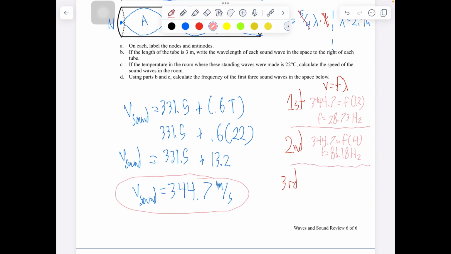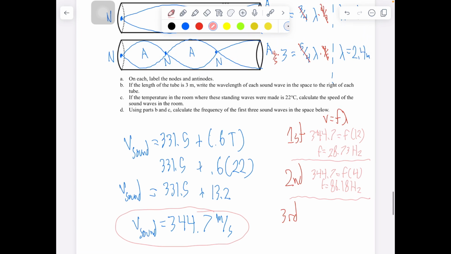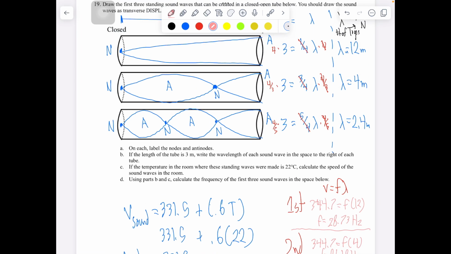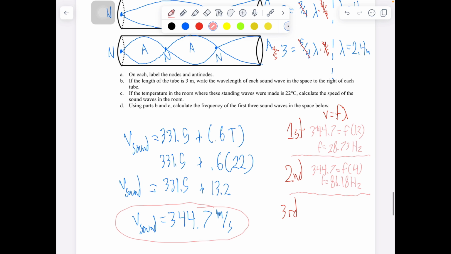And our last pattern, that third pattern, we are going to plug in, again, that same wave speed. And our wavelength is 2.4 meters. Divide both sides by 2.4. And we find our frequency is 143.63 hertz.